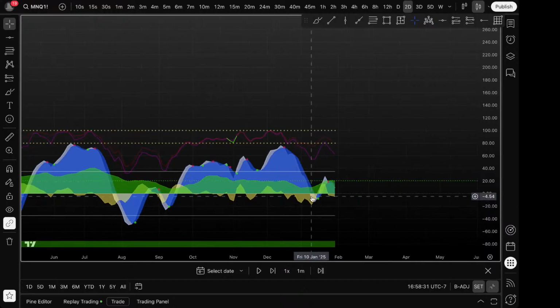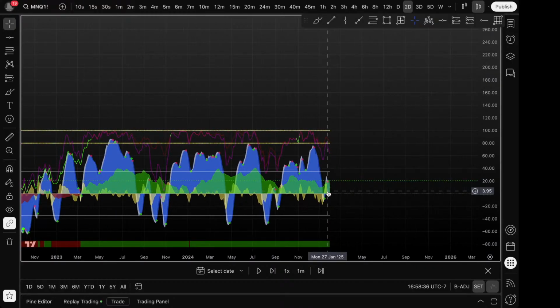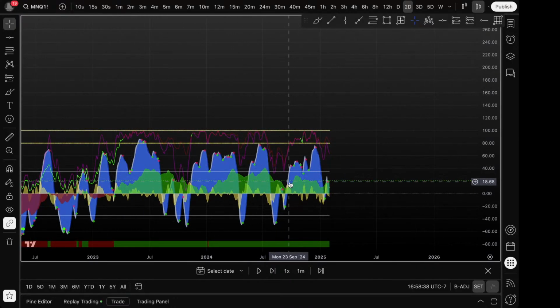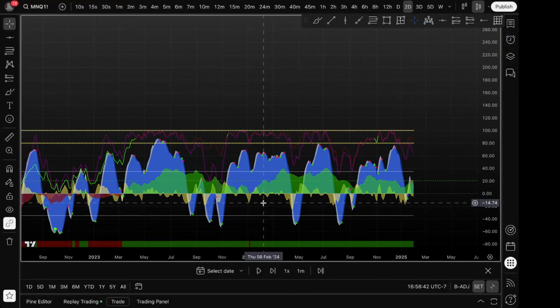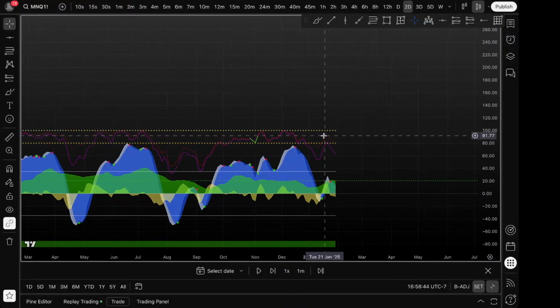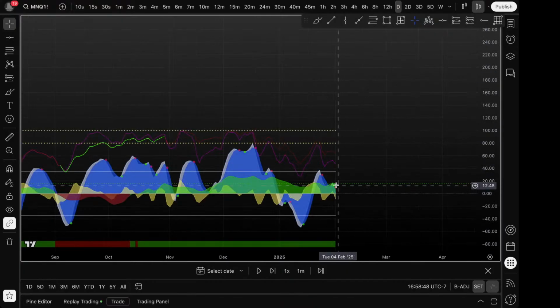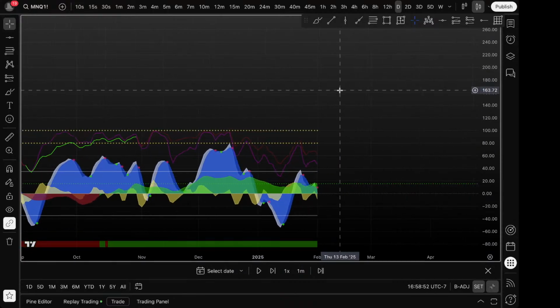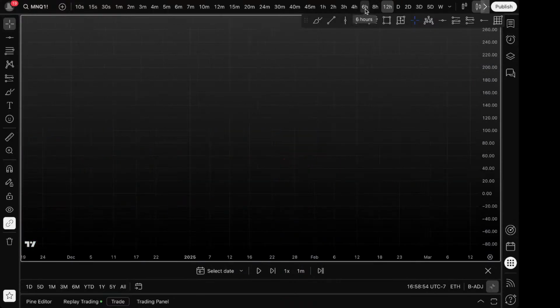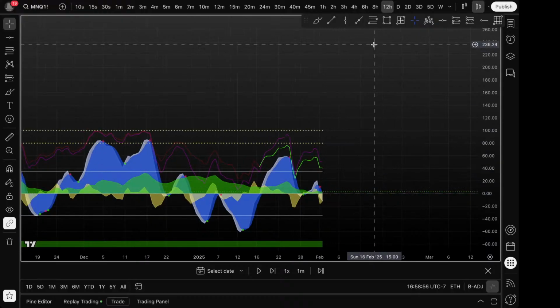Why not? Nice trigger. Bears fighting. Money flows there. RSIs look like crap. Bearish on the daily. 12-hour.